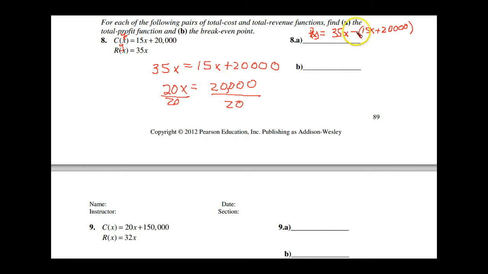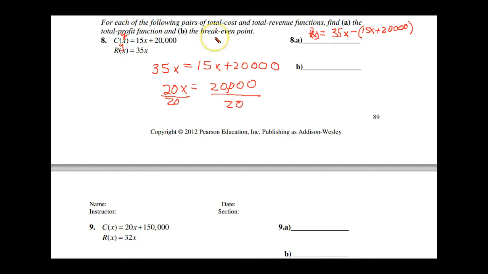Notice as we distribute the negative, this becomes negative and this becomes negative. We transpose that to the other side, and that becomes negative on this side. So our answer is negative divided by a negative.